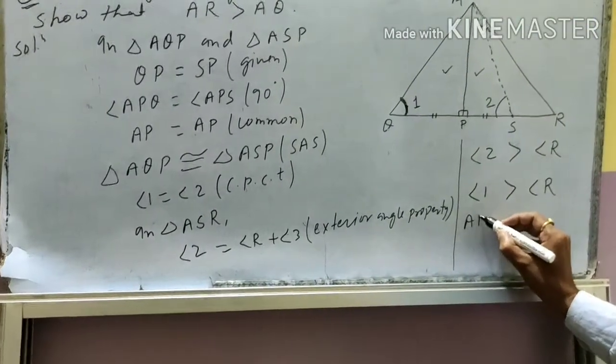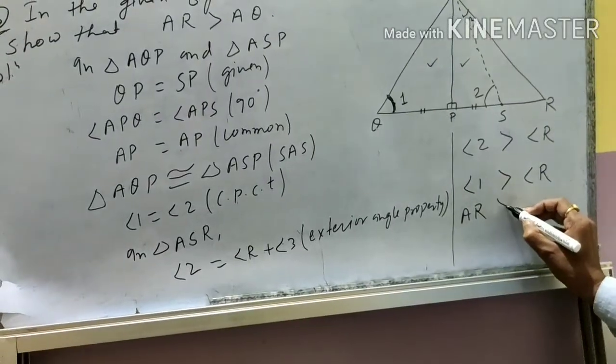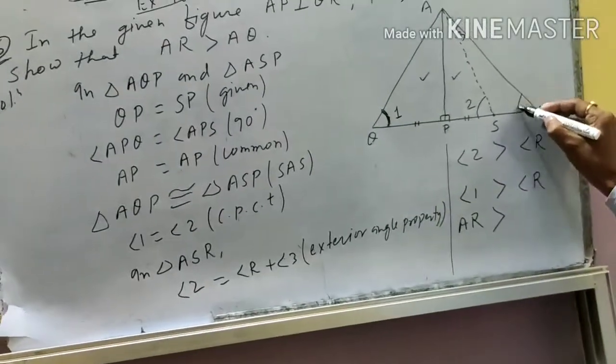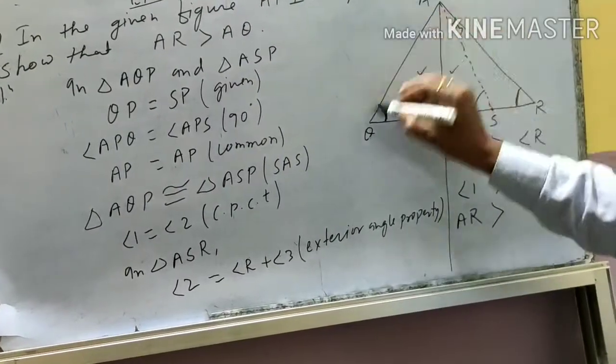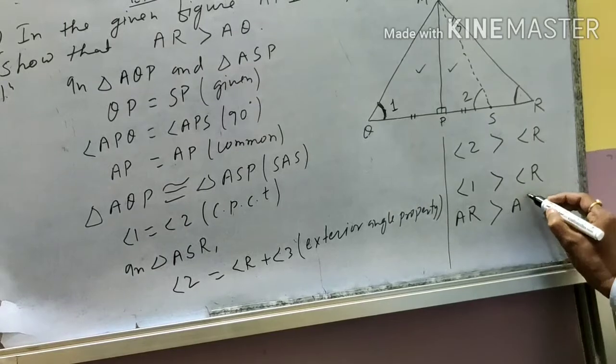So in place of angle 1, we can write AR is greater than the opposite side of angle R, which is AQ.